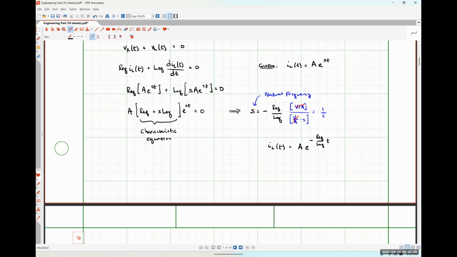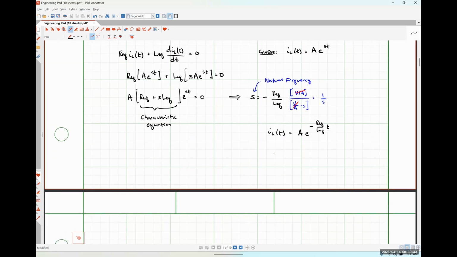So I could say that IL at 0 would be equal to A e to the negative REQ over LEQ times 0. But e to the 0 is literally just 1, which means IL at 0 is just A.